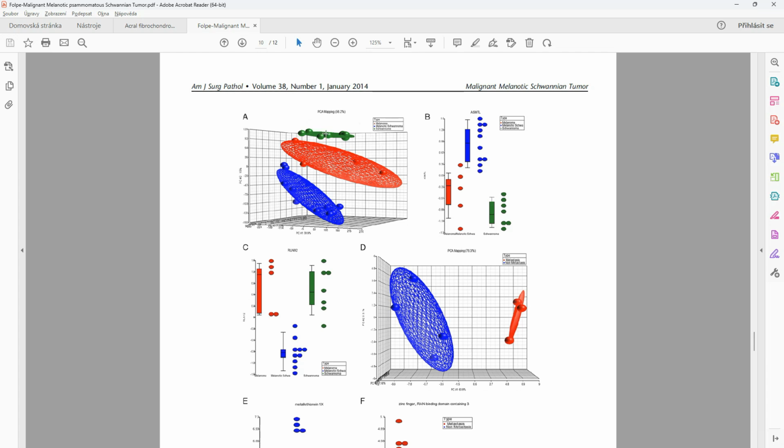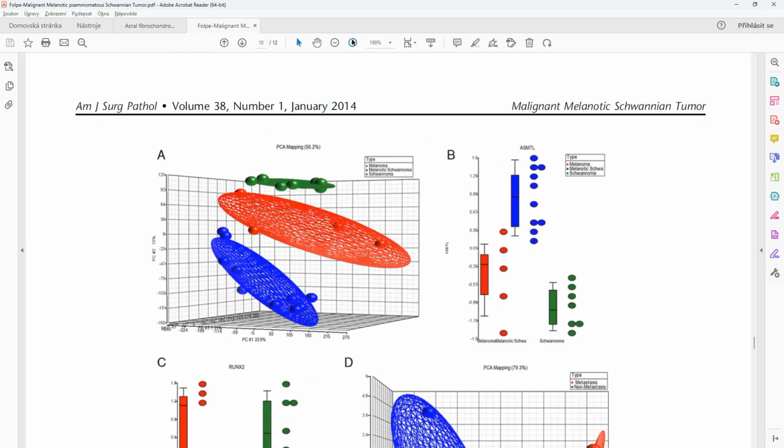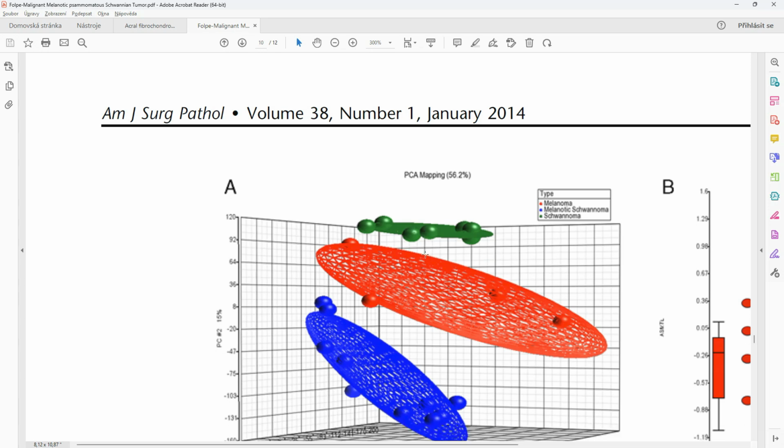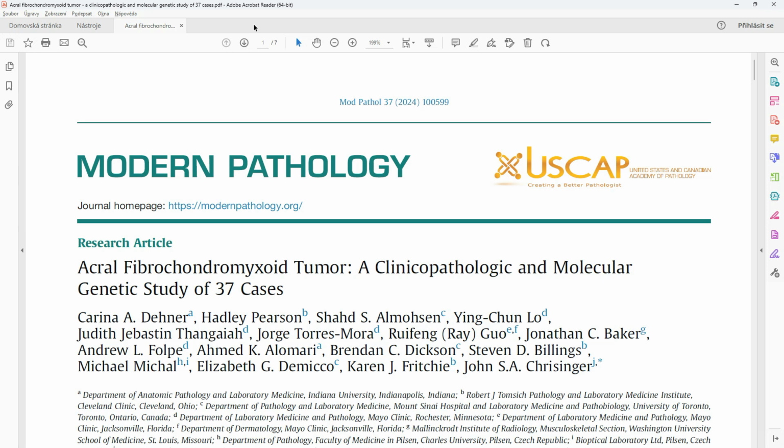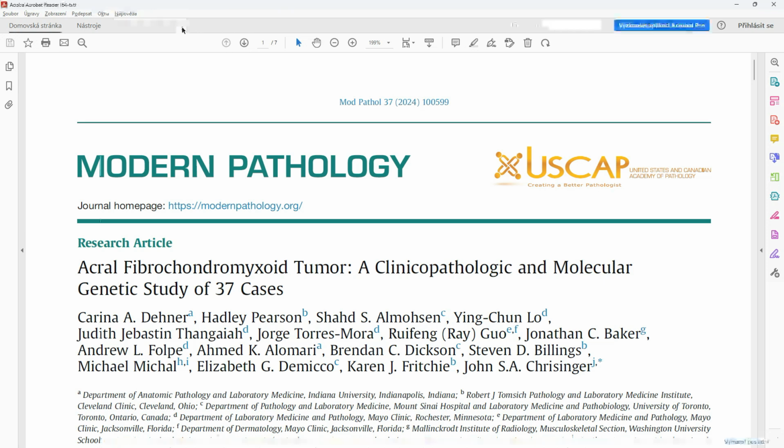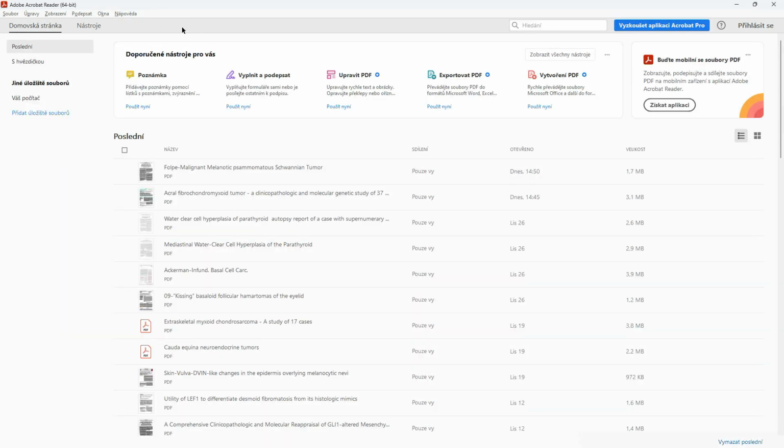The green one is schwannoma, blue is melanotic schwannoma, and red is melanoma. So you can see the gene expression profiles of each of these entities is completely different. So this is another support. These tumors are different entities. Okay, that's all from me.